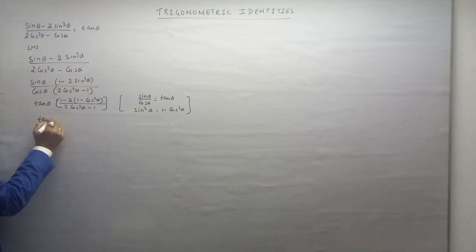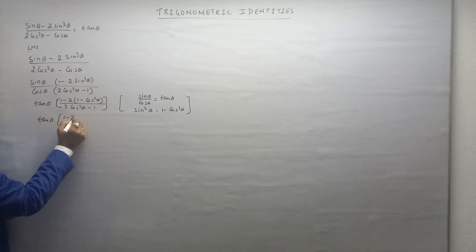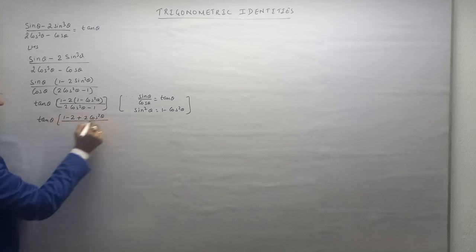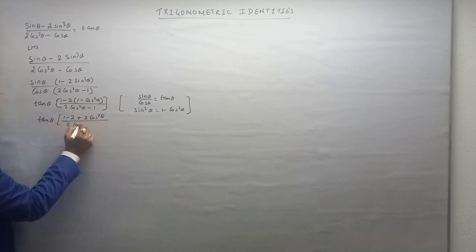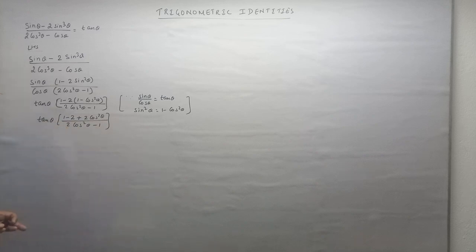This is tan theta into 1 minus, we'll open the bracket: 2 into 1 is 2, minus 2 into minus cos square, minus into minus will become plus 2 cos square theta, divided by 2 cos square theta minus 1. The next step.